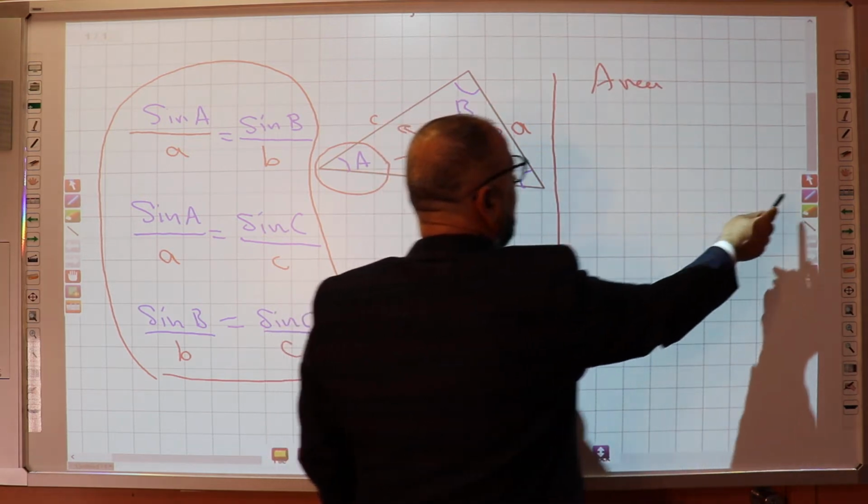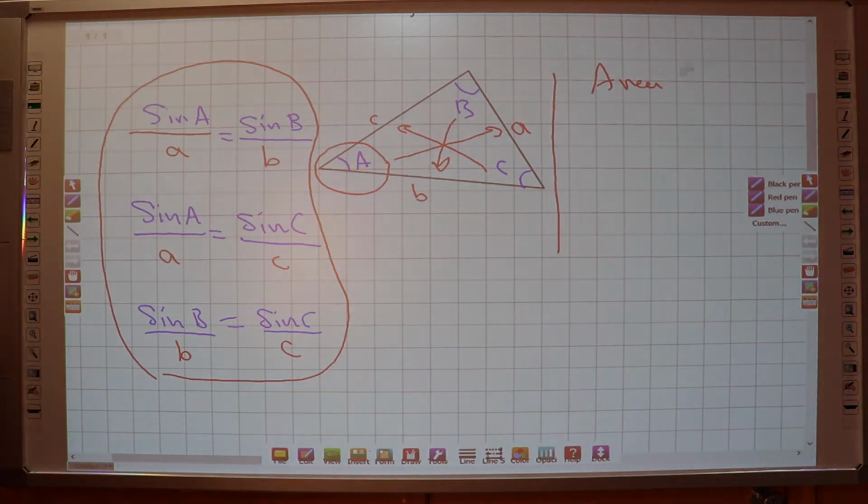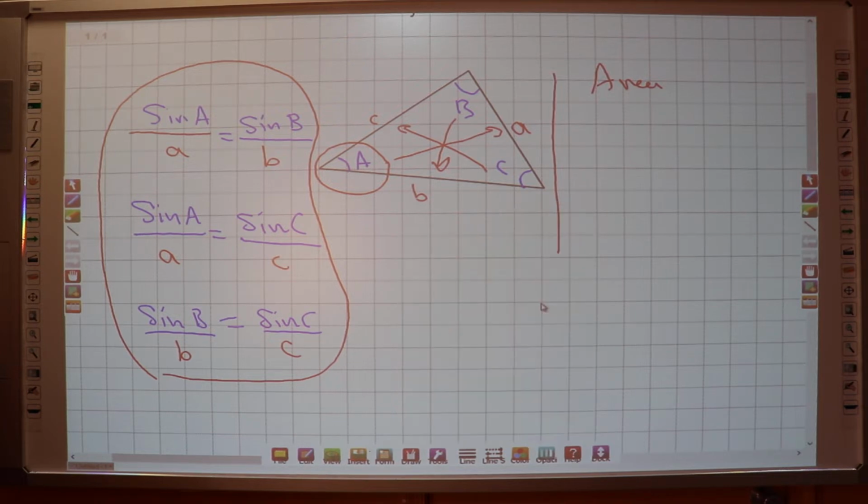Now, usually for a right triangle, the area for a right triangle, this is a right triangle. And this is a different color.